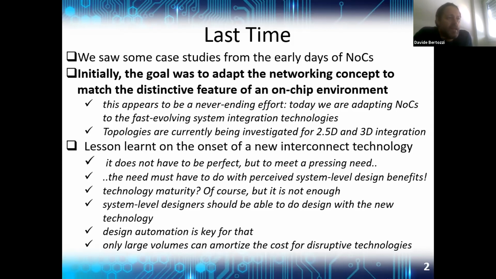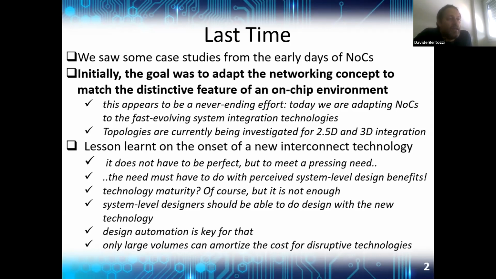And I think this is still a very instructive lesson when we approach a cross-benchmarking of emerging interconnect technologies. We shouldn't expect these technologies to be the absolute best from the viewpoint of all the possible quality metrics, but still we need to bring some relevant benefits to the system level designers.